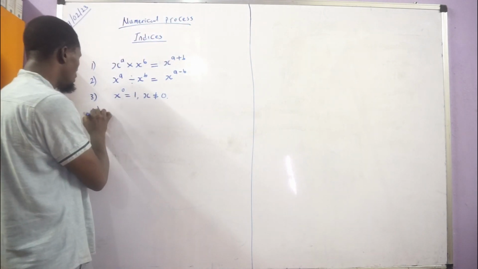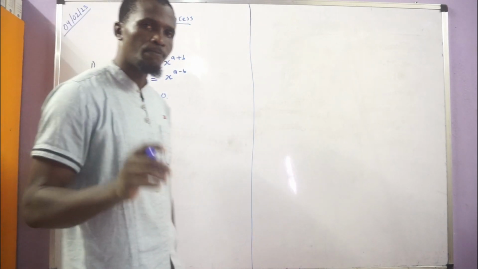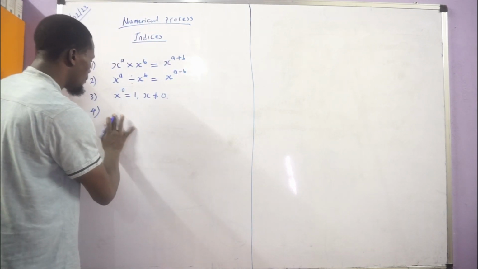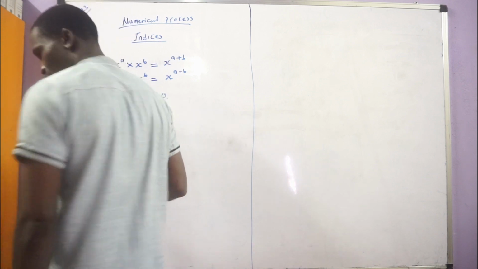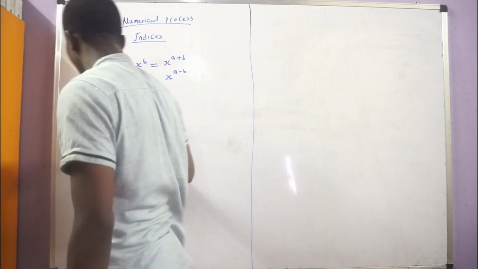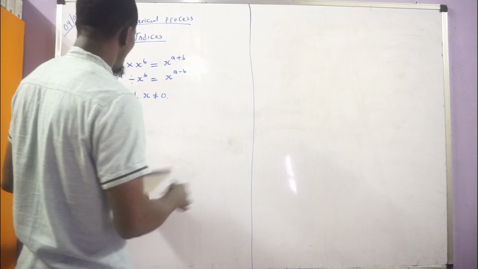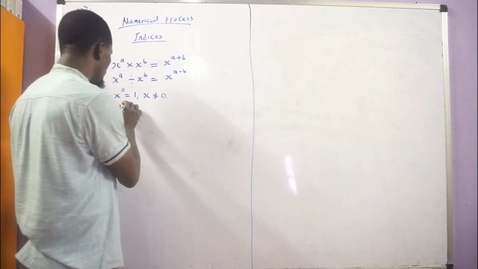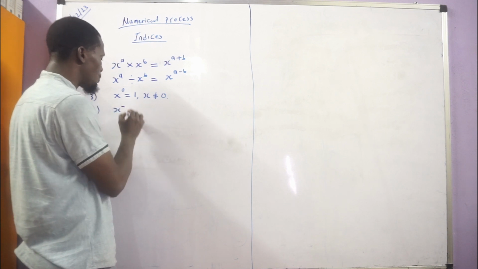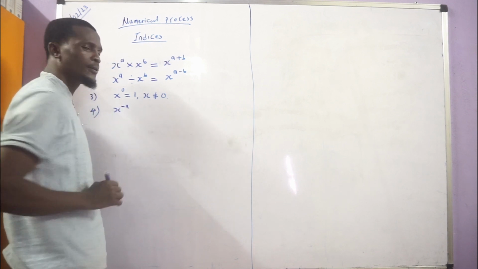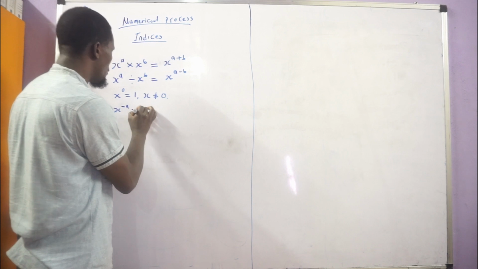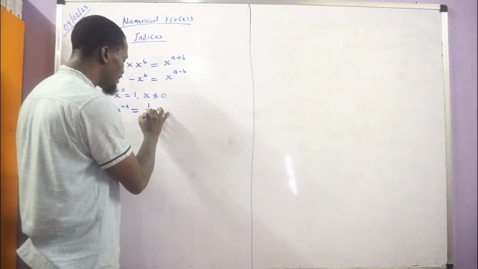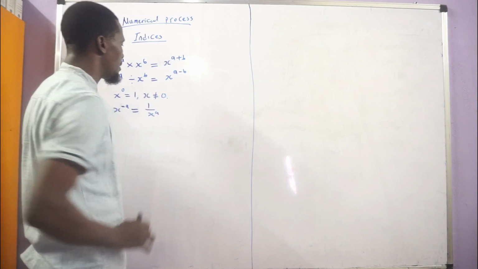Rule number 4 is when you have x raised to the power of minus a, it is going to give you 1 over x raised to power of a.